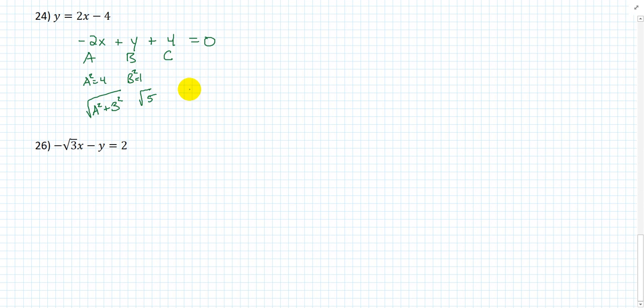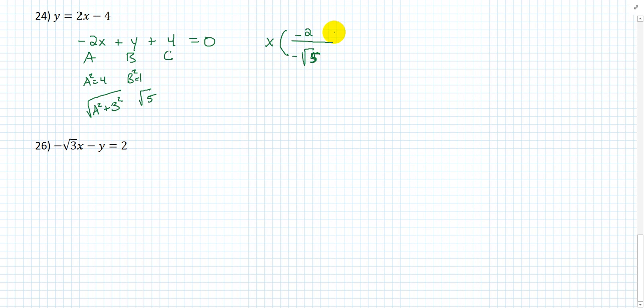Okay. And then on this problem now, what we have is we could rewrite this as x, and I'm going to put this over here, -2 over the square root of 5. Now, since c is positive, I'm going to write negative square root of 5.